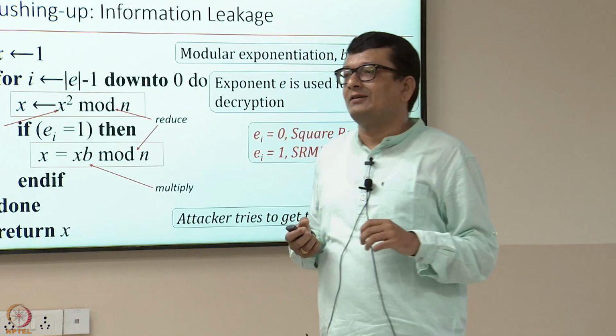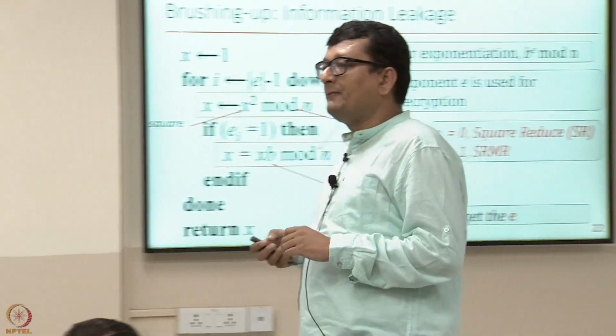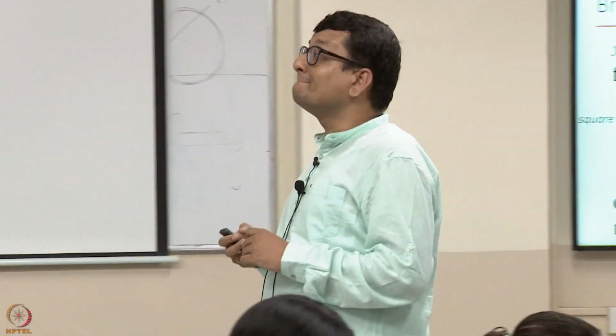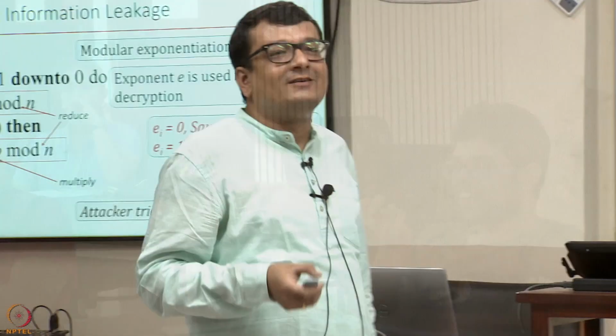If we have 1 as the bit state, so a bit can have 1 or 0. Yeah, bits can have ones and zeros. If it is 1 then you square and then multiply. If you have 0 then just square. Sir, if the if statement is executed, then the time taken would change. No, forget about time taken.